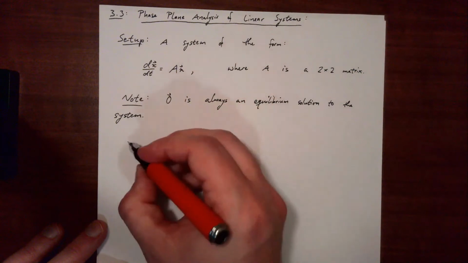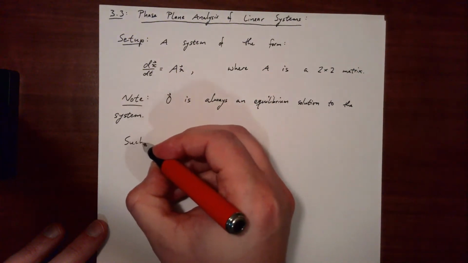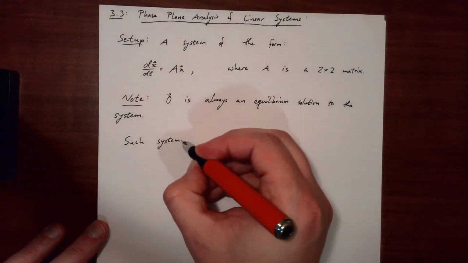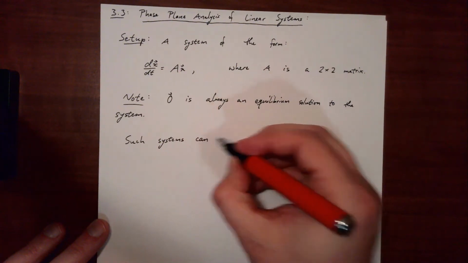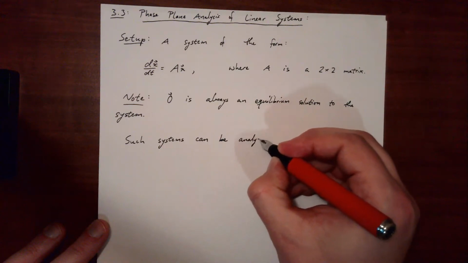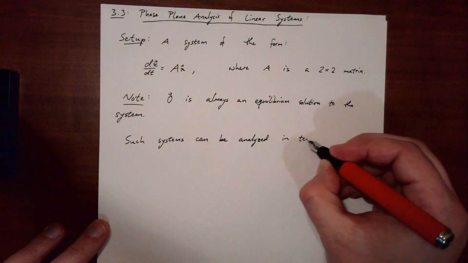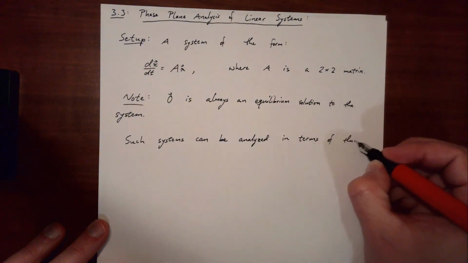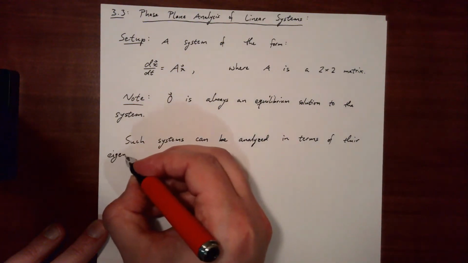All right. So such systems can be analyzed in terms of their eigenvalues and eigenvectors.